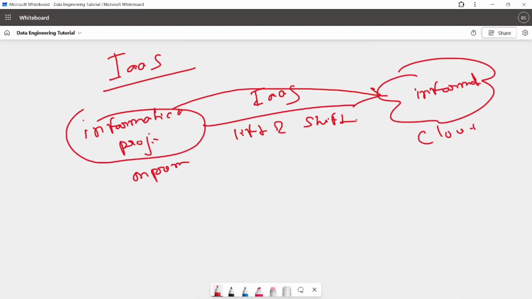Hope you are getting my point. So we have an Informatica project. If they want to lift and shift the entire system without any change, then they have to go for the IaaS platform. IaaS means infrastructure as a service, so you are expecting infrastructure from Microsoft.